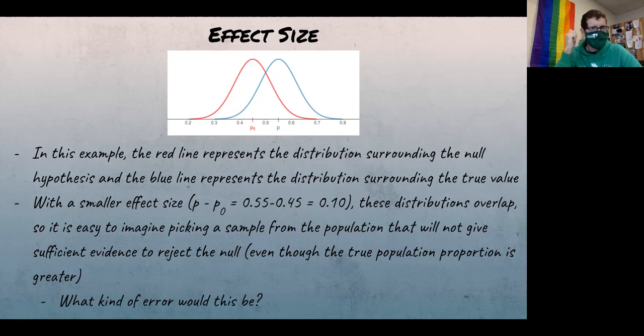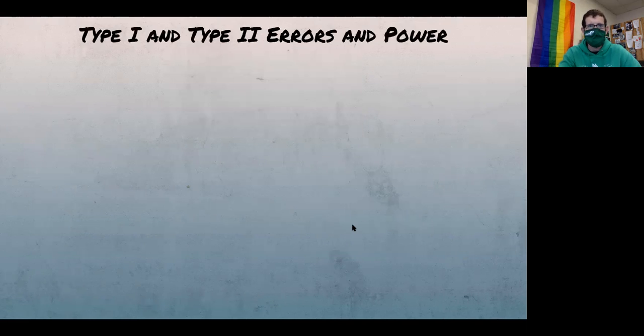If we didn't reject the null, but we should have. There it is, type 2: failing to reject the null, even though we should have. But again, this might be so close that it's not even a big enough gap for us to be able to tell. Now we can talk about ways to make that determination.